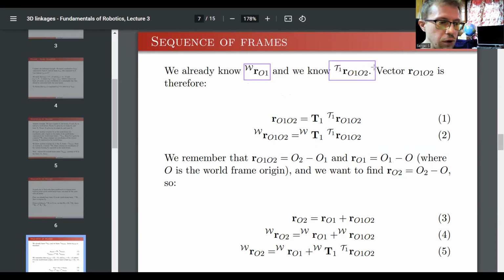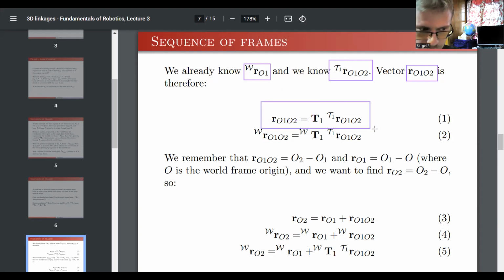We also know the vector from O1 to O2 expressed in the T1 frame, in T1 basis. So we can express this same vector in the world basis. How? Well, we get a coordinate-free representation for this vector this way, right?